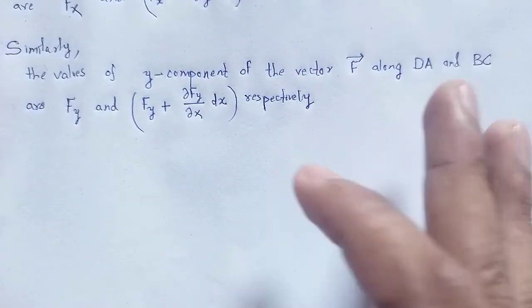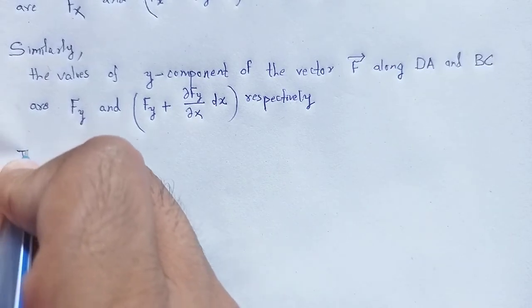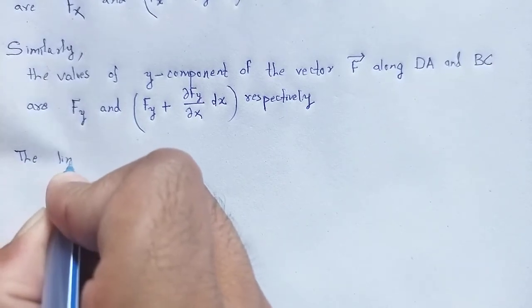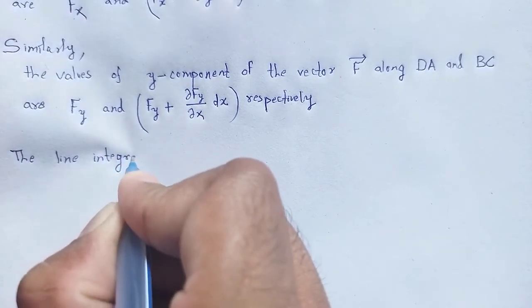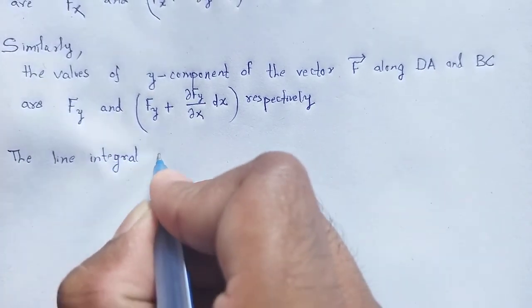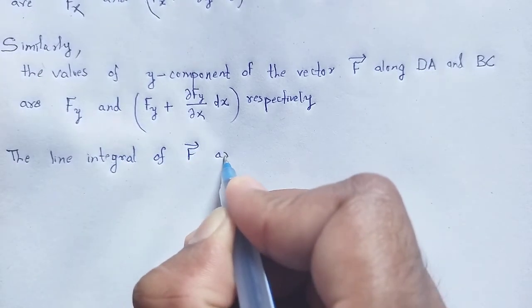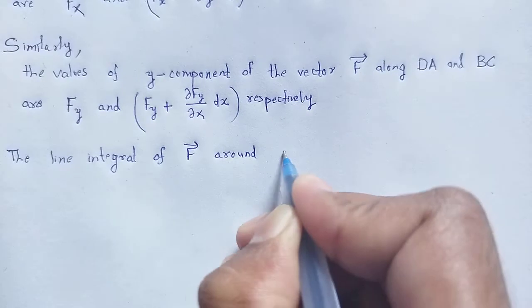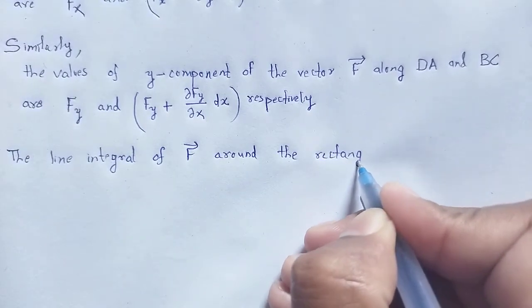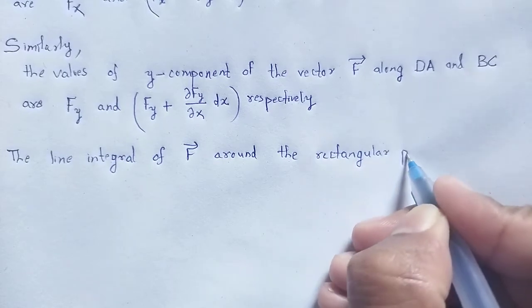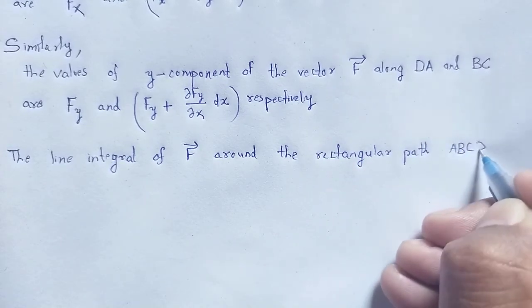Now we write the line integral of f vector around the rectangular path ABCD.